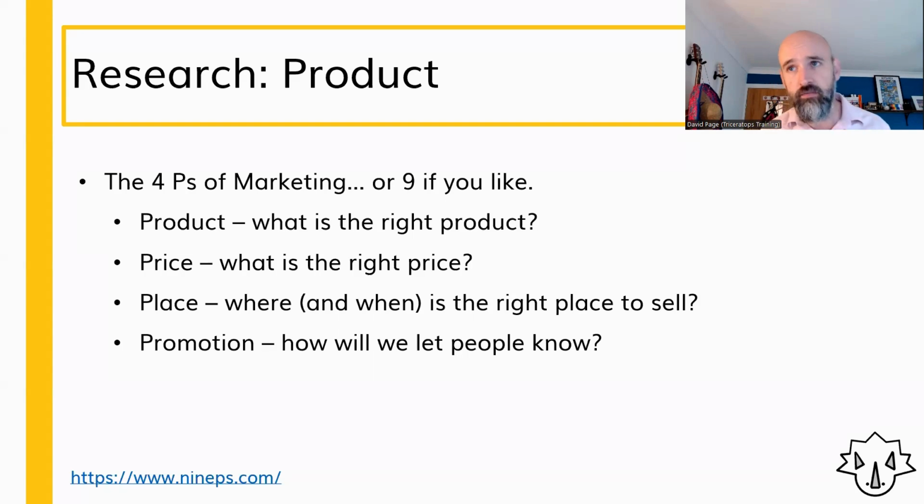Now, you might have heard of the 4 Ps of marketing. If you did marketing or business at GCSE or in college or university, you definitely would have heard of them before, because they're really important. We need to find out what will make the right product.